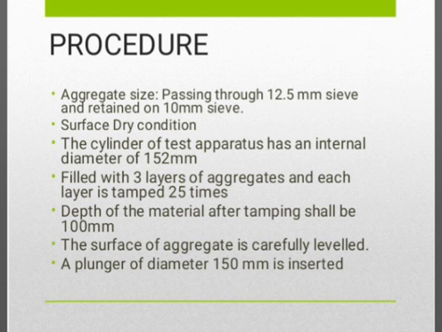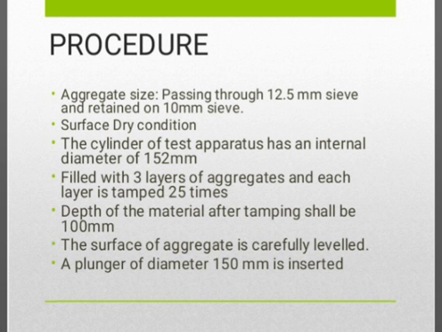Now the aggregate is filled in the cylinder in 3 equal layers, and each layer is tamped 25 strokes using a round-ended tamping rod. After that, the surplus aggregate is struck off.